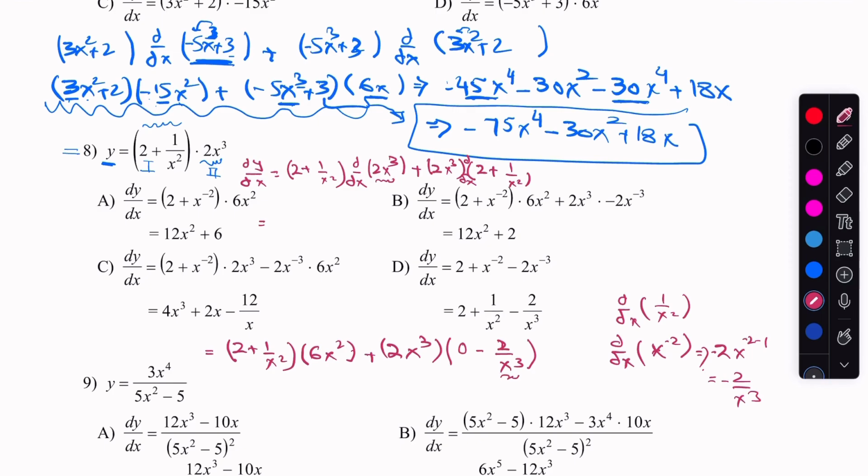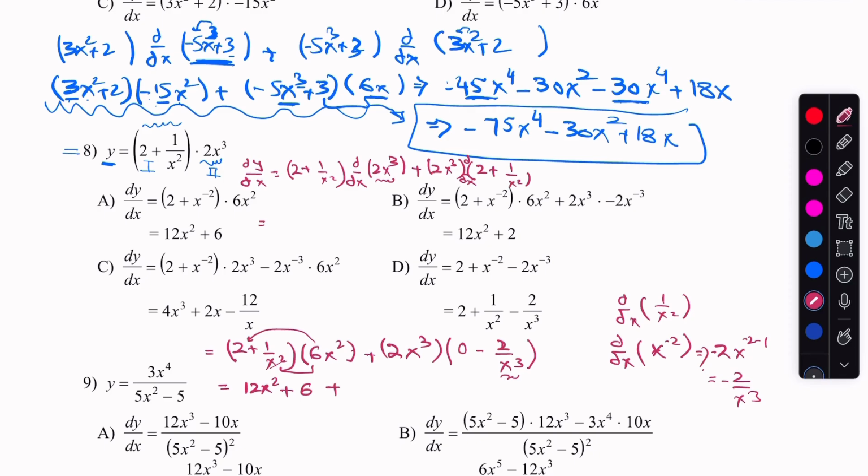So the final answer will be like, we're going to multiply this factor by this and this by this. So 6 multiplied by 2, 12 x squared, then the x squared and x squared will be cancelled, and you're left with 6.